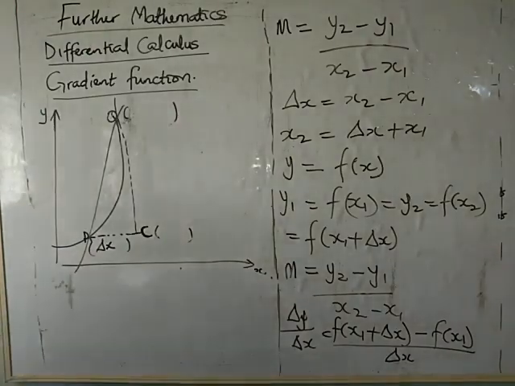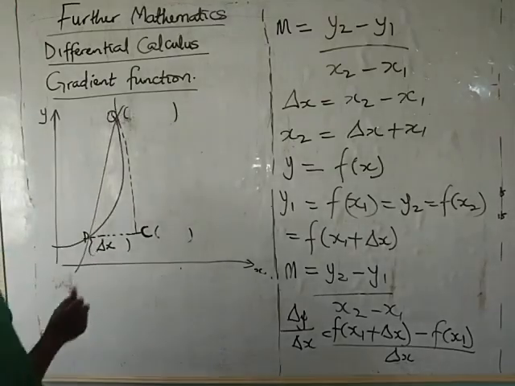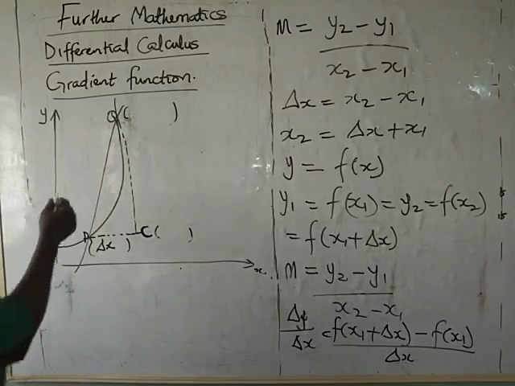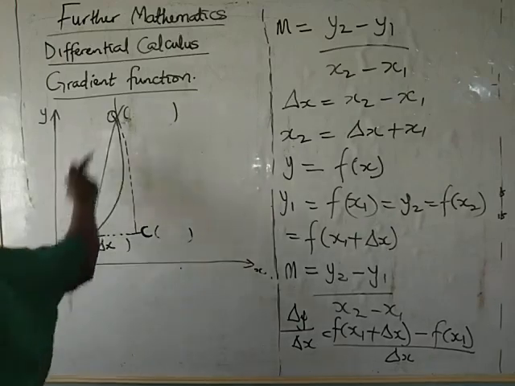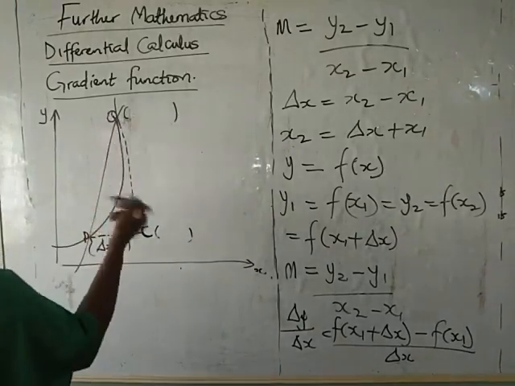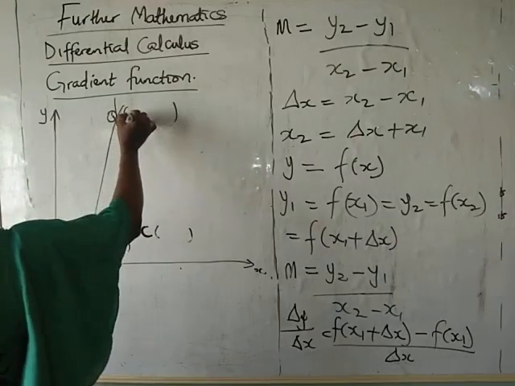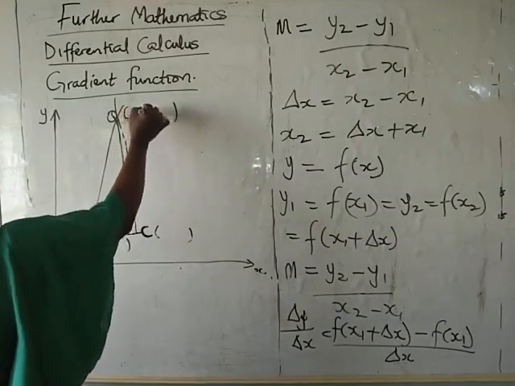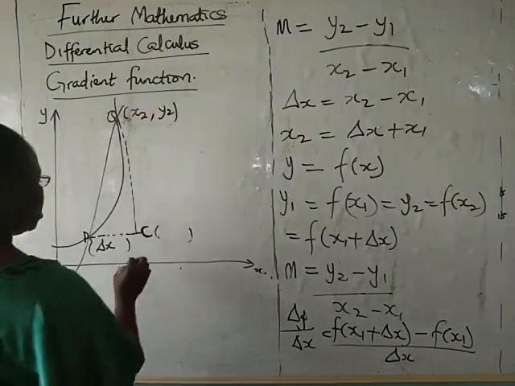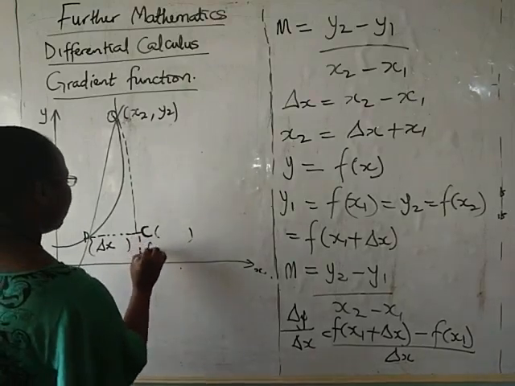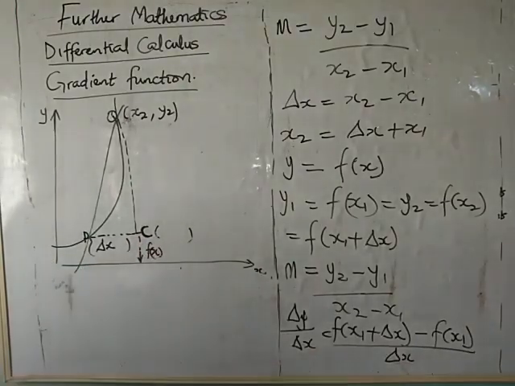So as the point A is increasing to point B, definitely we have the rate of change of this point with respect to this, which will give me x2 and y2. Then this point, I have what we call f of x. Are we getting it? We have f of x, which is the same thing as y value.